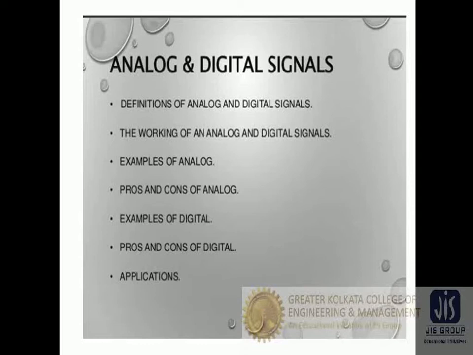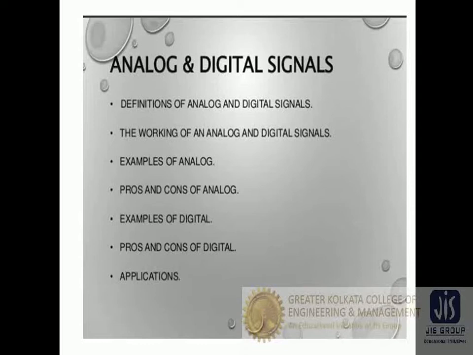First we describe analog signals and digital signals, then the working of analog and digital signals, examples of analog, pros and cons, that means the advantages and disadvantages of these analog signals, examples of digital signals, the advantages and disadvantages of digital signals, and last but not least, we will discuss some of the applications of these analog signals and digital signals or systems.